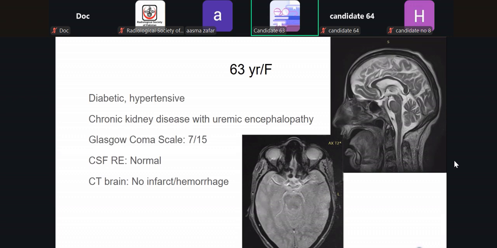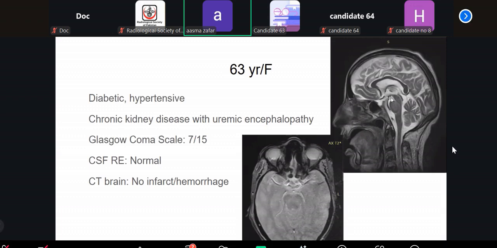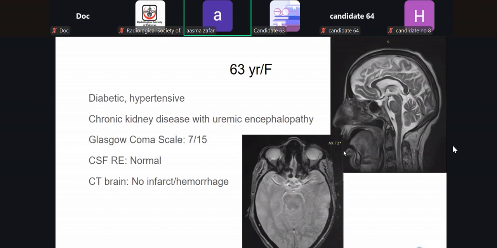We can go for MRA and MRV, and hypertensive treatment. Yes, it's a red flag. You have to inform the management team, and for confirmation you can do a repeat MR after treatment. So that will confirm it.